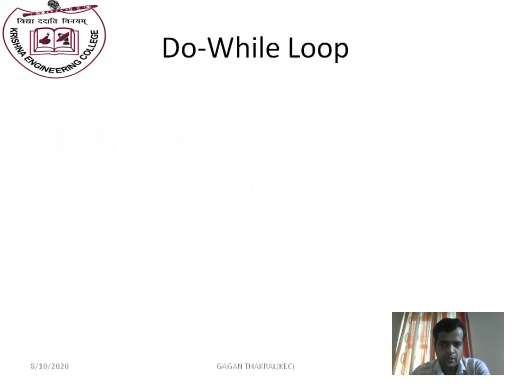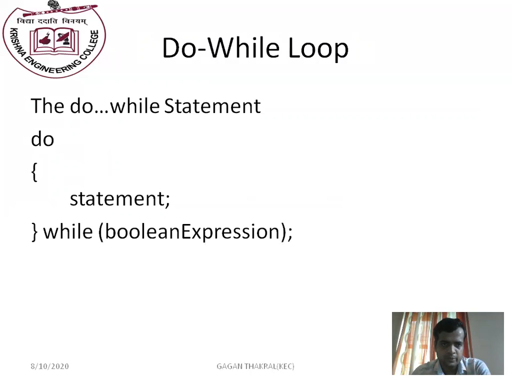Now do while loop. Do while loop is another way to execute the while loop. In do while loop, if the condition is false, at least once it will print the statement. The do while loop will first execute the statement, then it will test the condition.